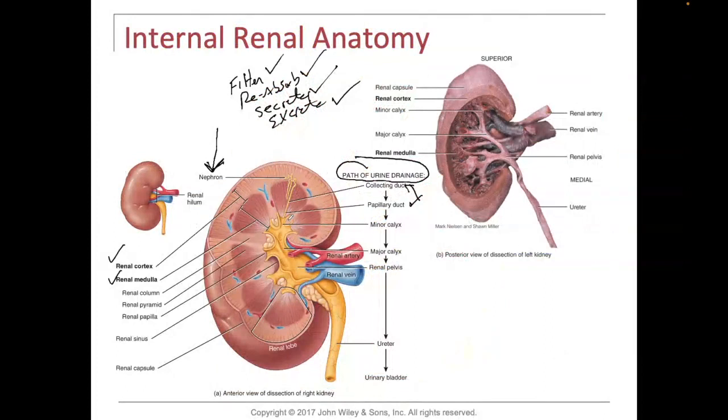So now we have a papillary duct, which is an opening. And where does that papillary duct lead into? Oh, A, B, C, D: the minor calyx to the major calyx to the renal pelvis to the ureter. And eventually the ureter leads into the urinary bladder.